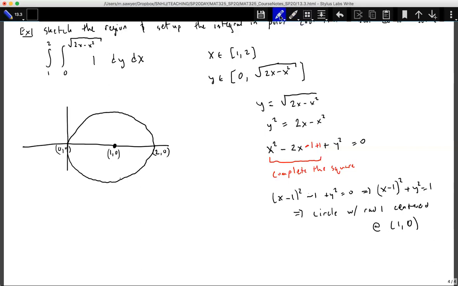We know our x bounds start at 1 and go up to 2. Our y bounds start at 0 and go up to the top part of the circle. So our region is this enclosed red area with a rectangle indicated as such vertically.